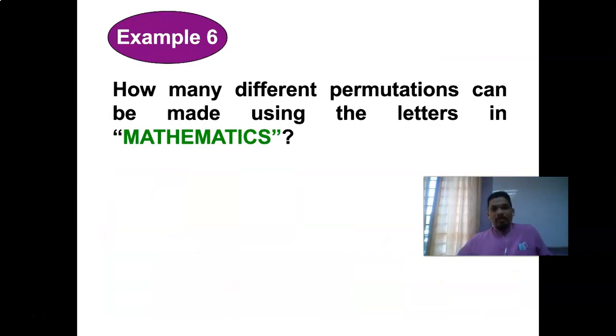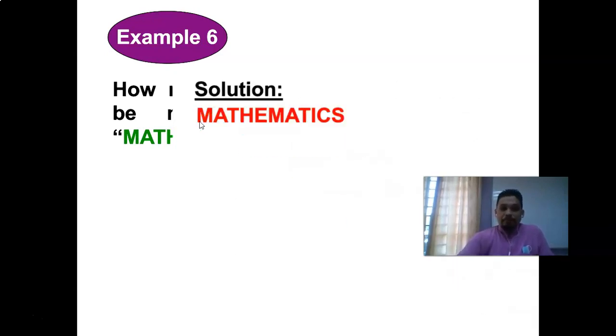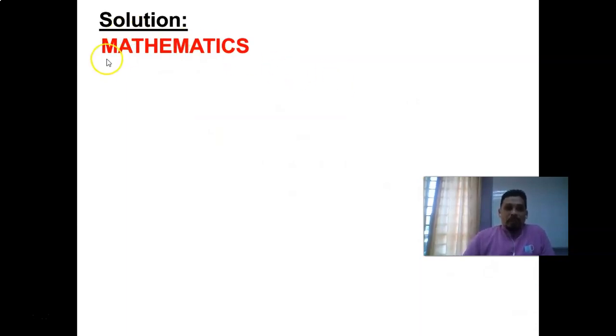Example 6. How many different arrangements can be made using the letters of MATHEMATICS? First of all, we count the letters one by one: 1, 2, 3, 4, 5, 6, 7, 8, 9, 10, and 11. So the number of letters here is 11. Then we look at the letters that are repeated: M appears twice, A twice, and T twice. So M, A, and T are all repeated twice.